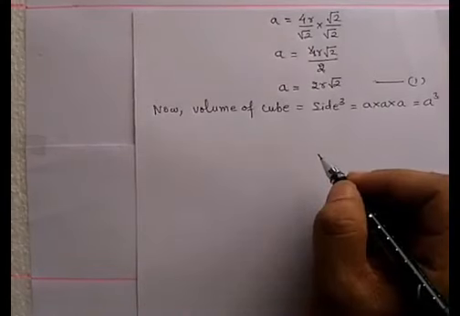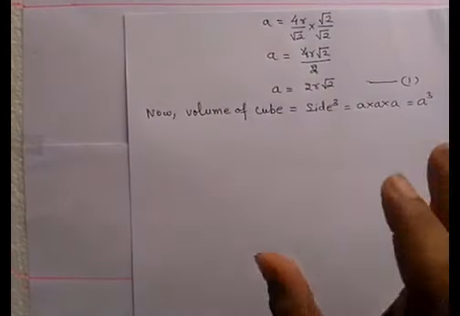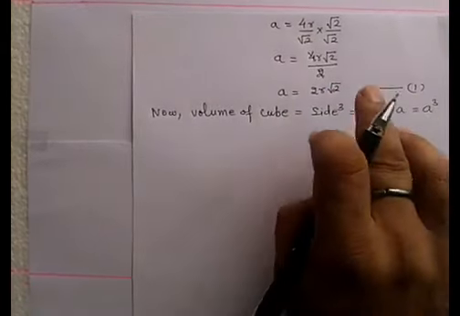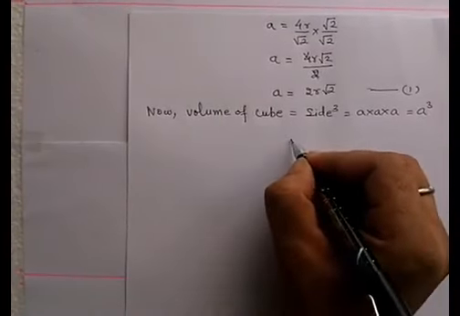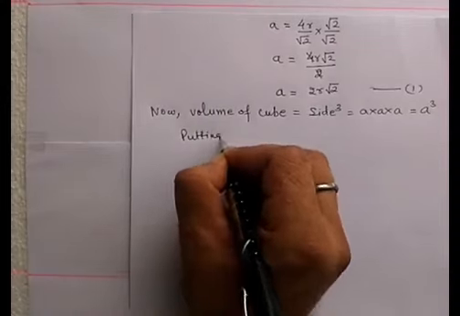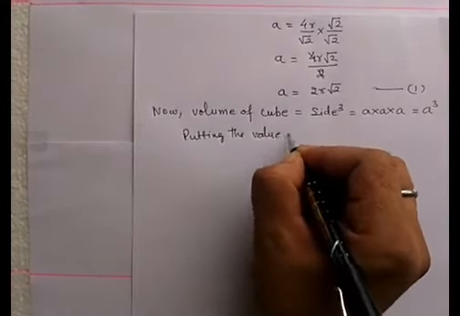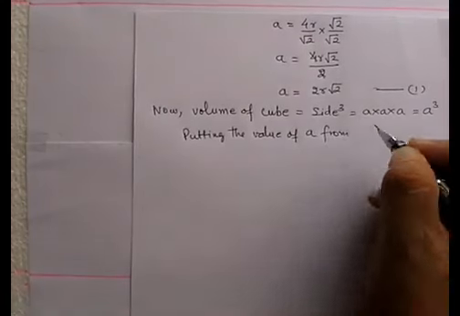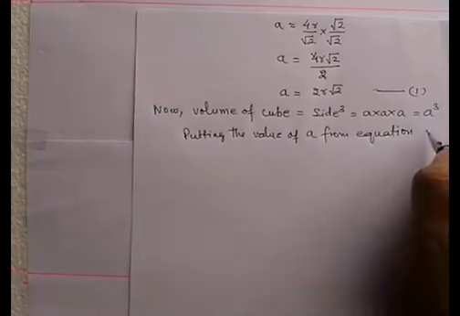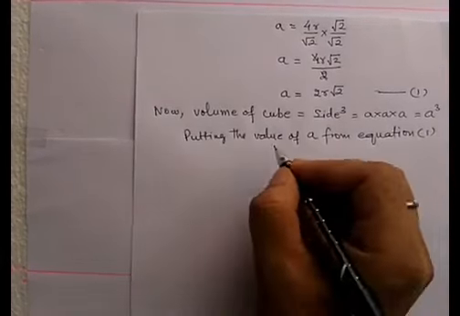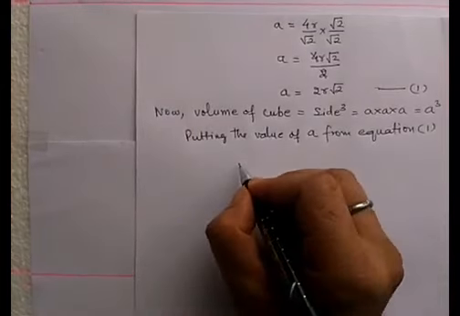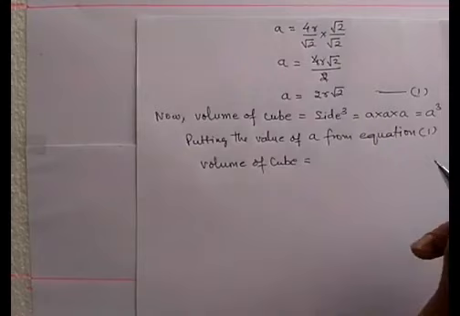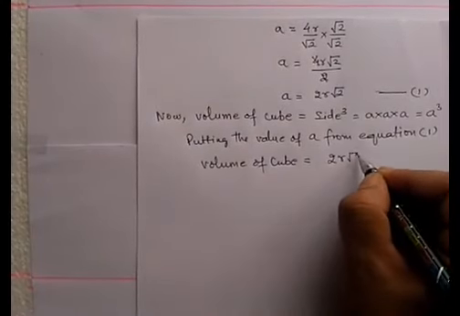And now substituting this value, the value of a from equation 1, we will get volume of cube is equal to 2r root 2 whole cube.